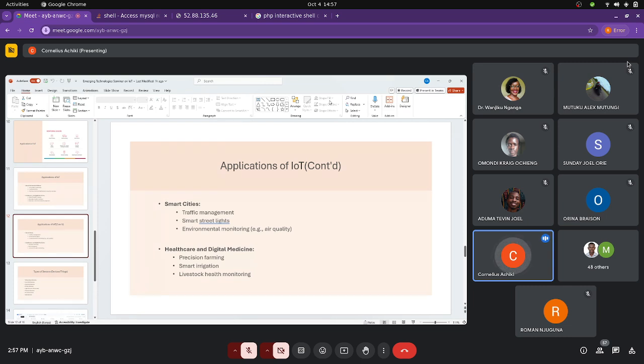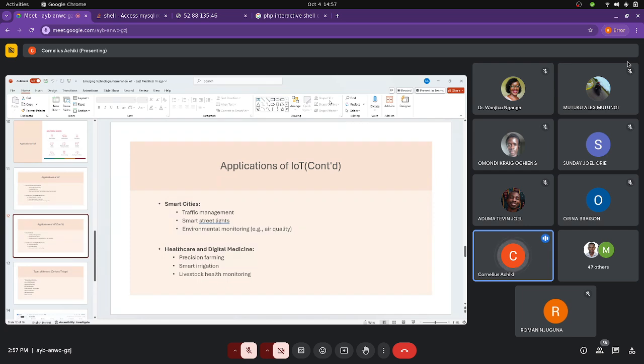So another application is smart cities. We are all dreaming of having everything working efficiently within a city. And this is something that most of our leaders should be able to try and appreciate, especially in terms of traffic management.